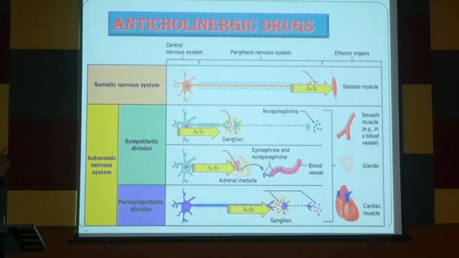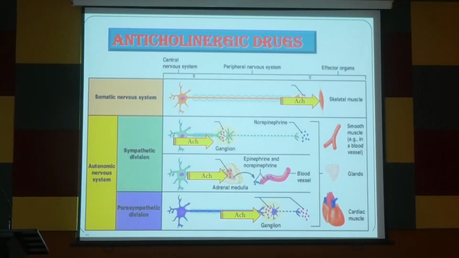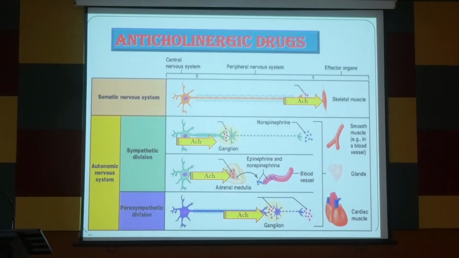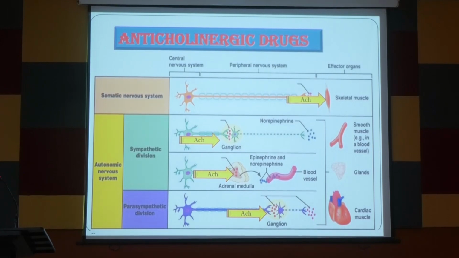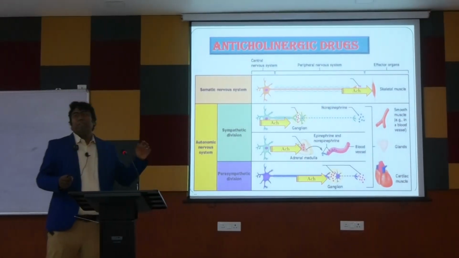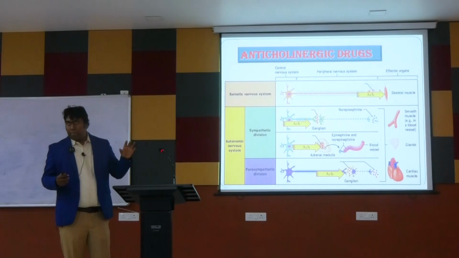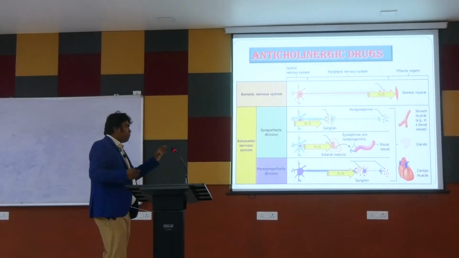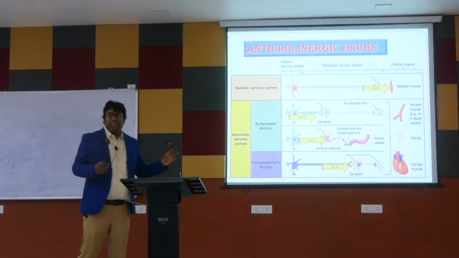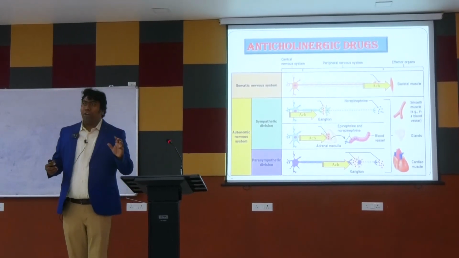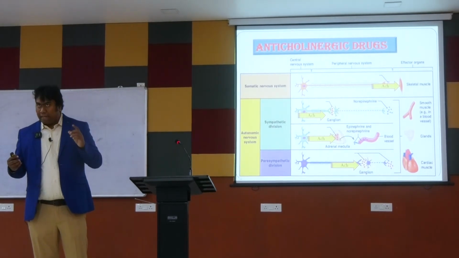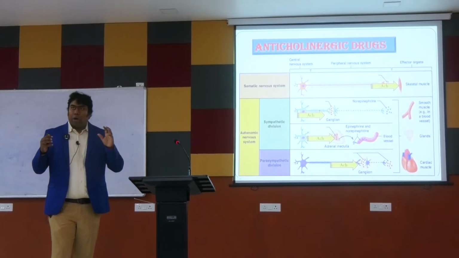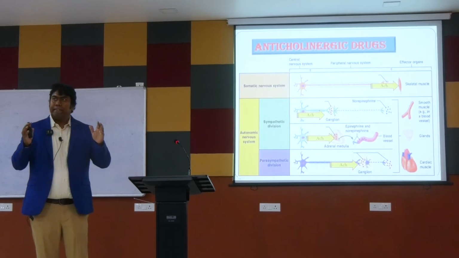It is the neurotransmitter in skeletal muscle. Receptors are N, M. Very good. Then acetylcholine is also involved in some sympathetic system, like sweat gland. Very good. And in parasympathetic system, in ganglion also. In ganglion, the receptor is N. So what are the different receptors then?